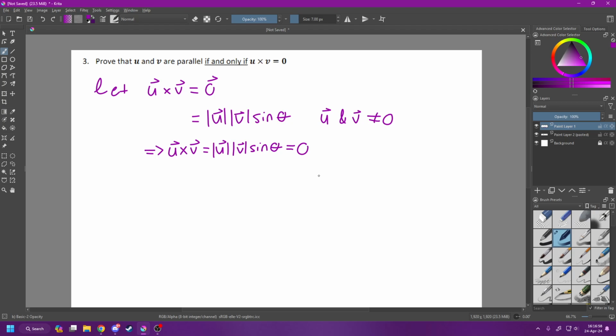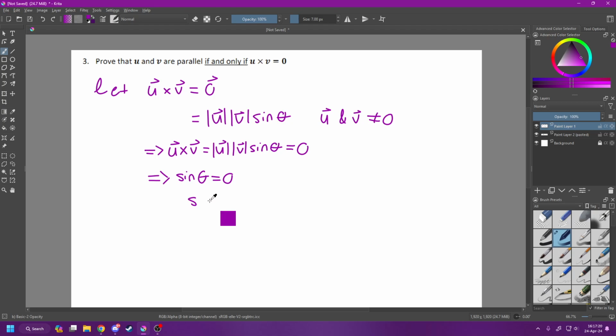This implies that sine theta is equal to 0. The difference in angle between vector u and v is equal to 0.